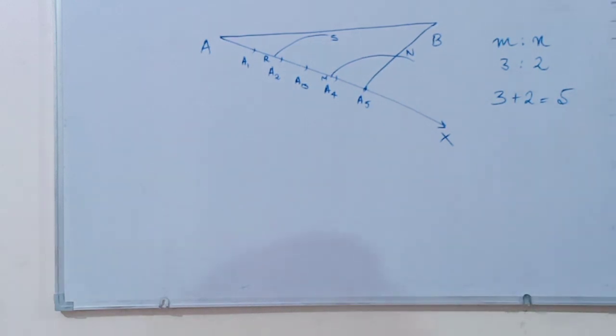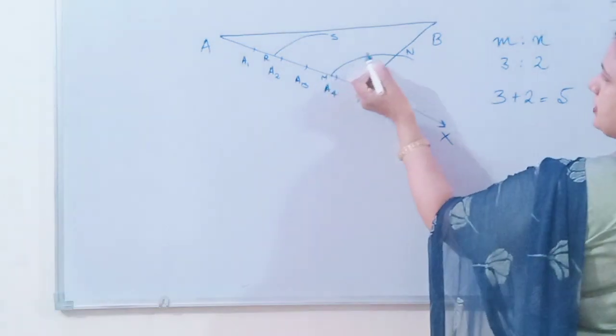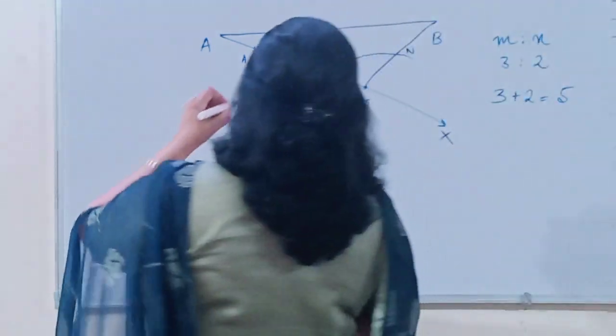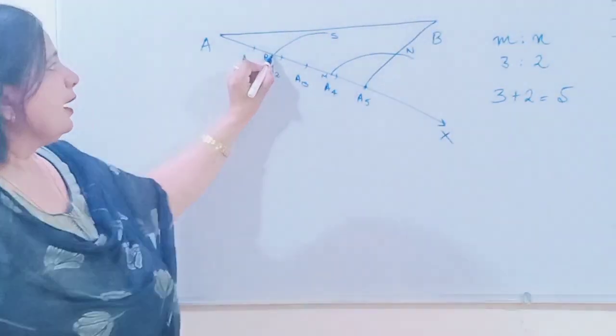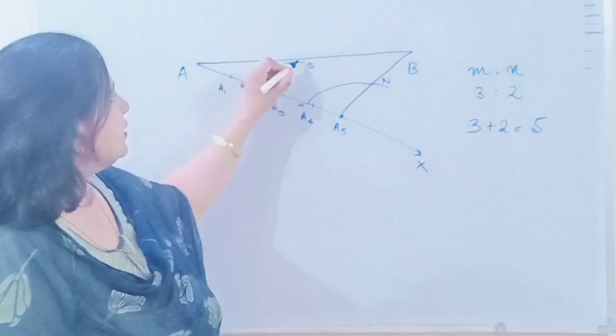Now keeping the needle of the compass at M, take this distance MN in your compass. Now keeping the needle at R, cut the distance MN on this arc RS.